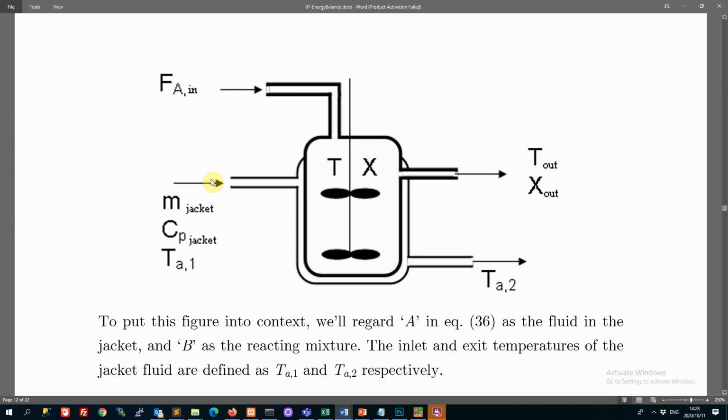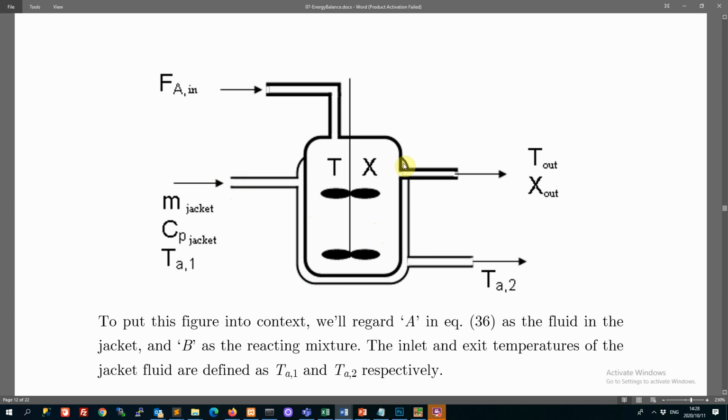That's different to the flow here in this jacket. So if you can imagine, you've got this short, fat reactor, and then you build another tube that sits around that reactor and is enclosed at the bottom. And then maybe you force an oil or something like that through this jacket. So that oil is only going to flow here, flowing around the walls of the reactor.